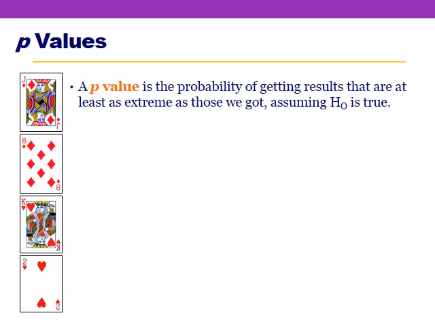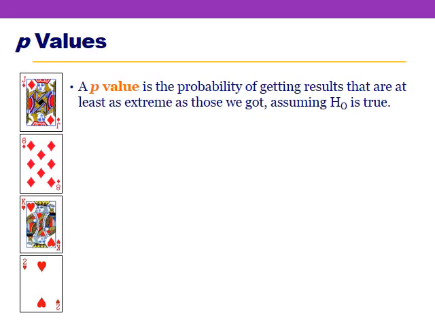P standing for probability. For the entire rest of the semester, we are going to learn a bunch of different types of inferential statistics, but they all have one thing in common, which is they are all going to give us what's called a p-value.